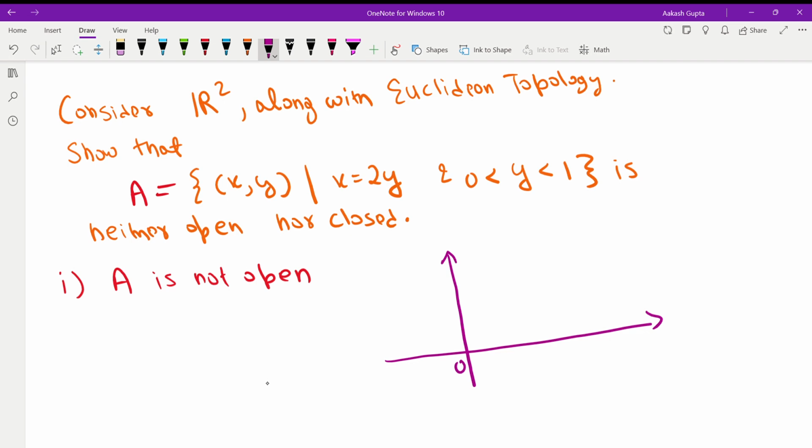So this is, say, 0. This is, say, 1. And this is, say, 2. So you see, this is this line. 0 is not included, 1 is not included, right?